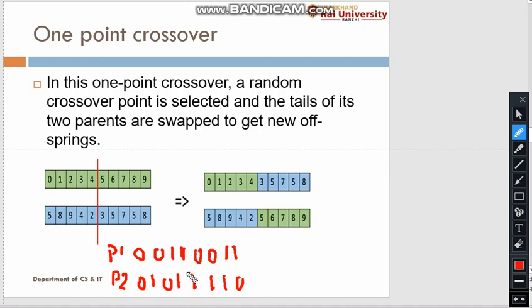Let's say that I have selected the cross site here. So what will happen after the cross site? The child will be like 0011, and now here we will have 1110, and the second child will be like 0101, and the material will be exchanged.